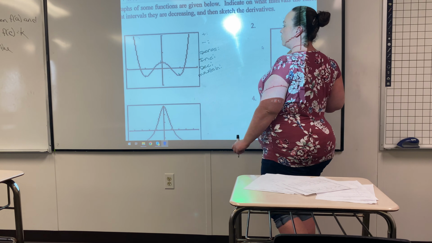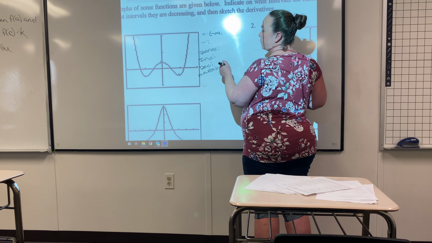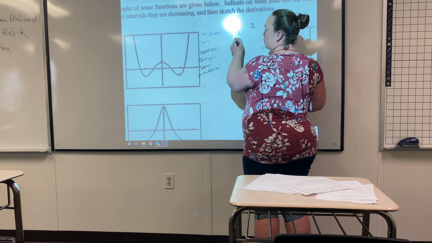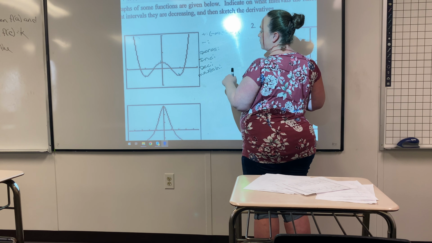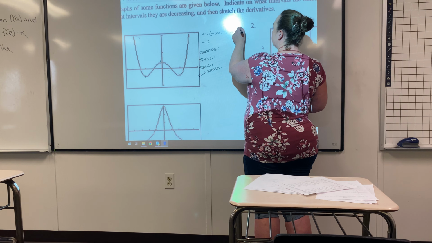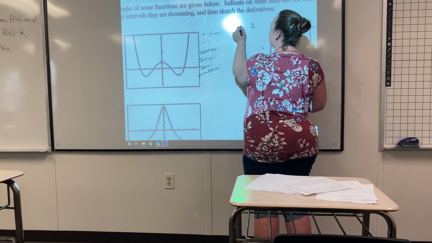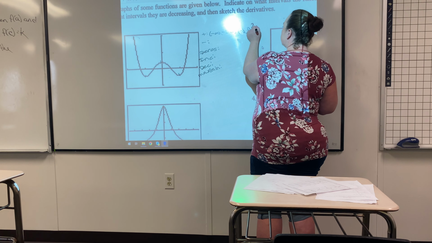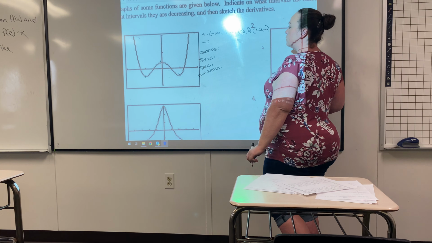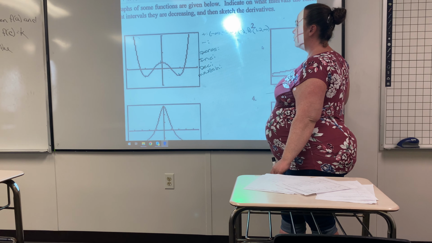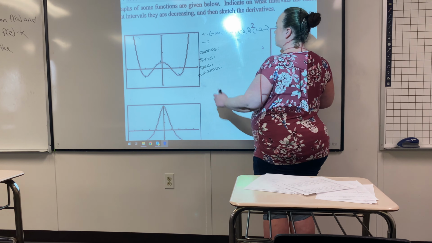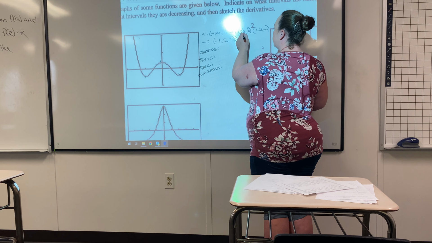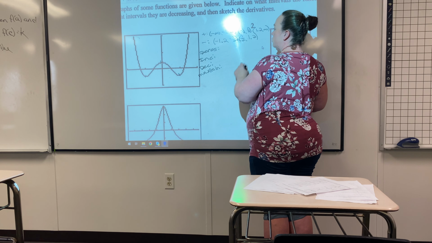So let's see, positive, you're looking at negative infinity to, I don't know, say negative 1.2. Negative a half to a half. Let's get 1.2 to infinity. Negative would be everywhere else. So you're looking from negative 1.2 to negative a half, a half to 1.2.